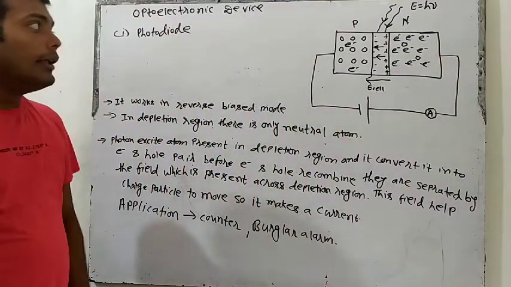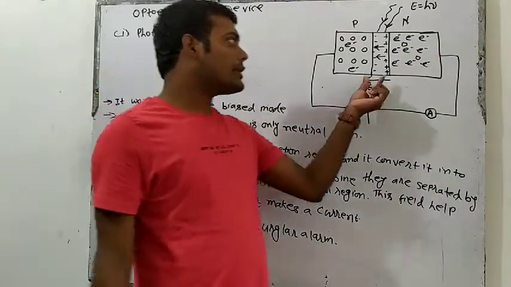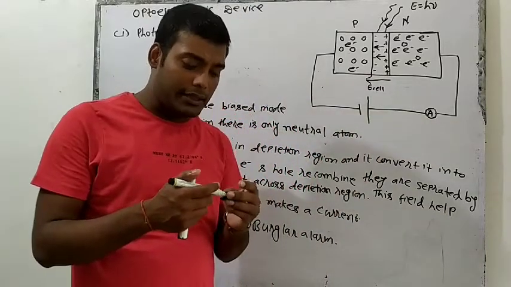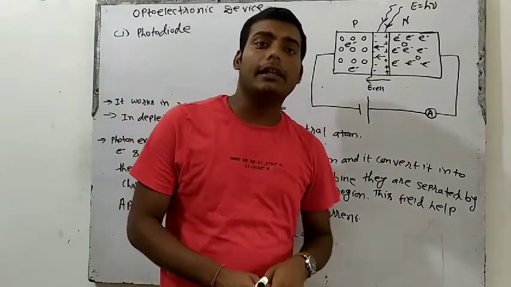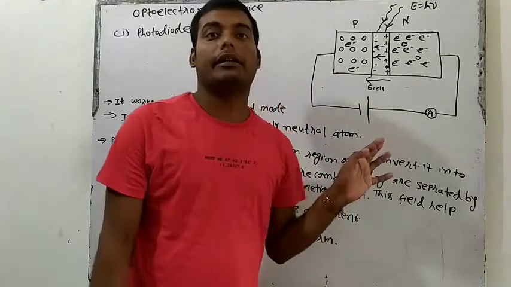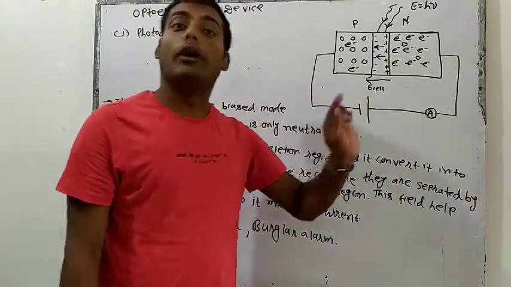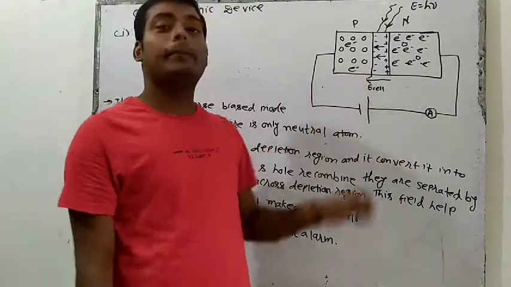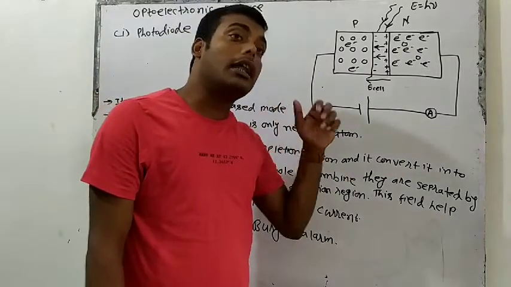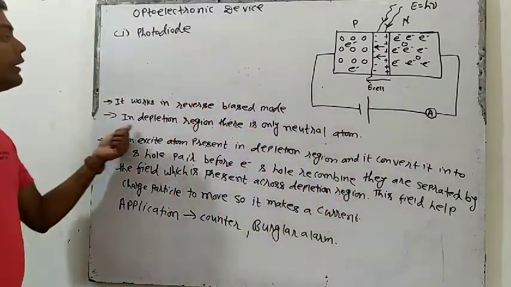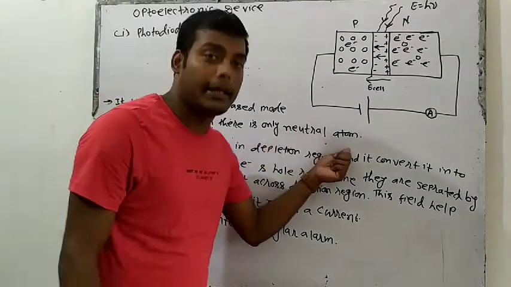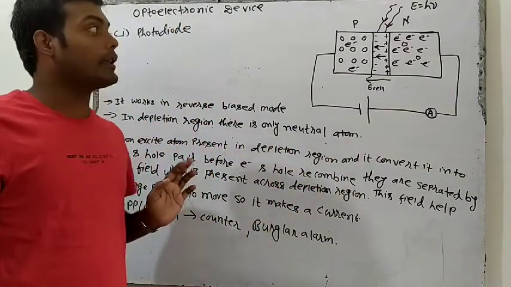Now this is depletion region. What is depletion region? Depletion region is a region where there is no free charge particle, but there is neutral atom. So in depletion region there is only neutral atom. Why?